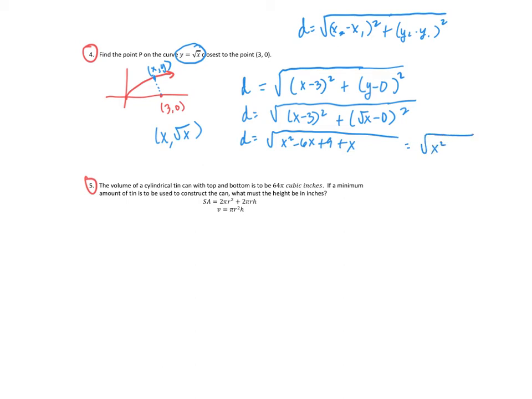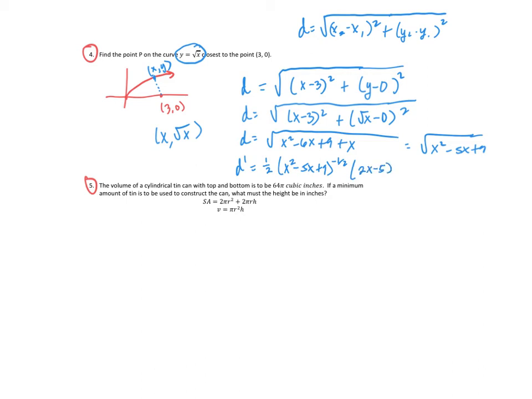So I have the square root of x squared minus 5x plus 9 to derive, so much easier to work with. D prime is then chain rule: 1/2 inside to the negative 1/2 times inside prime.